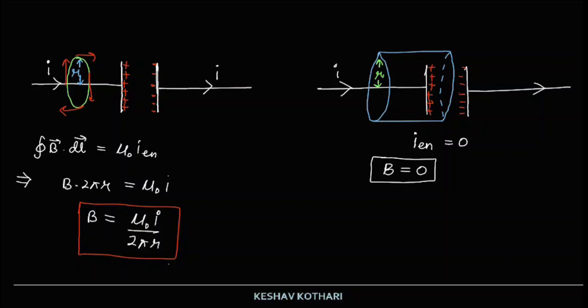Now, in order to understand this term, we come to this portion of the capacitor plate, where there is an electric field E created. If I redraw the diagram, consider a parallel plate capacitor that is being charged.